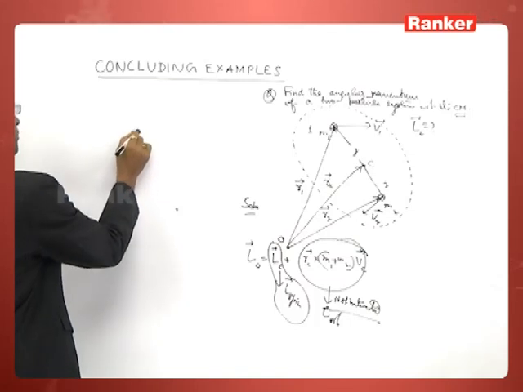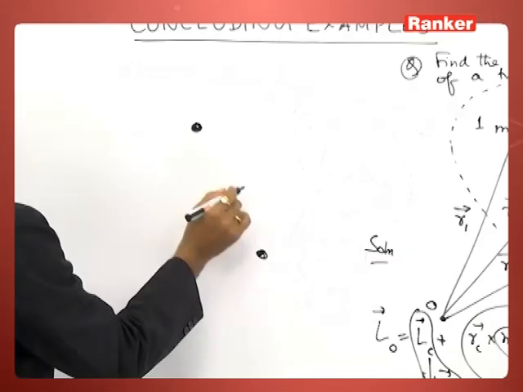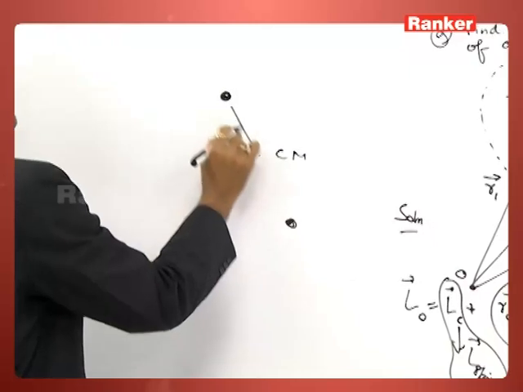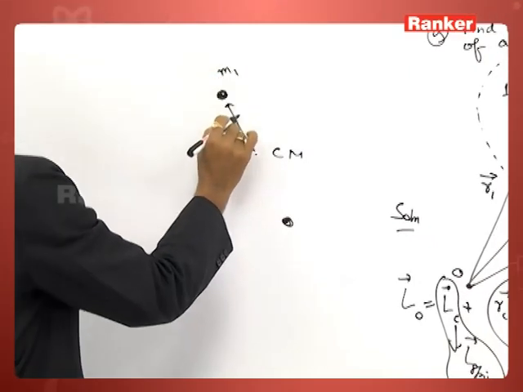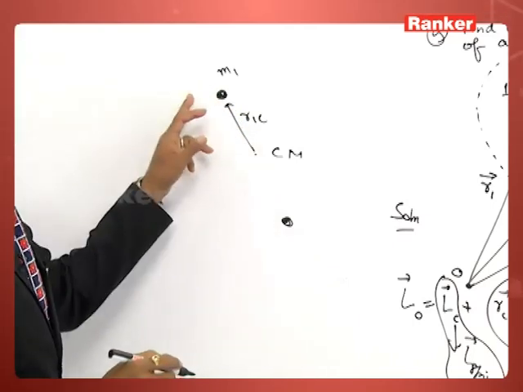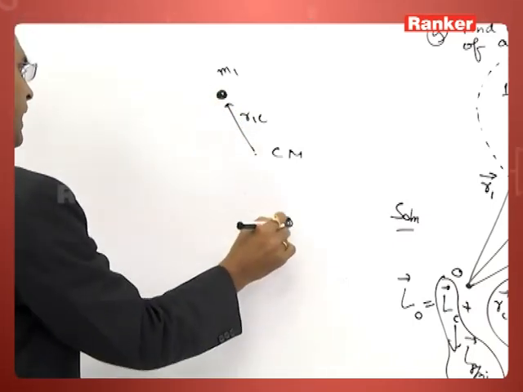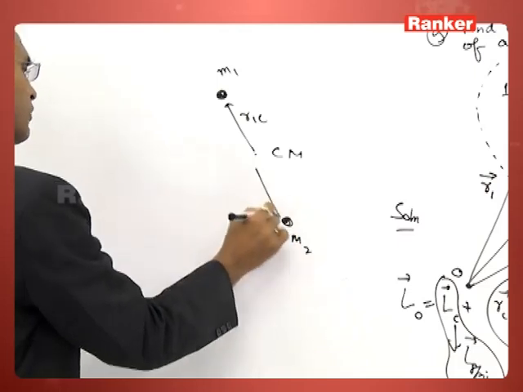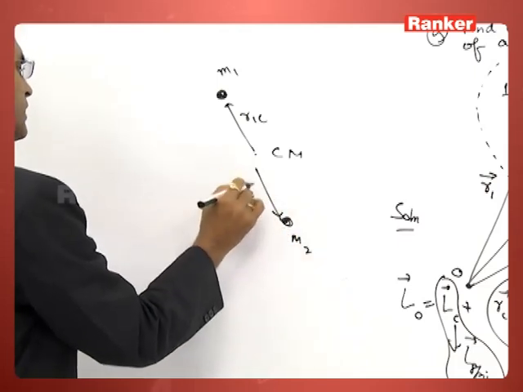For these two particles, this is the center of mass. This is r1, the position vector of the first particle with respect to the center of mass, and this is the position vector of the second particle with respect to the center of mass.